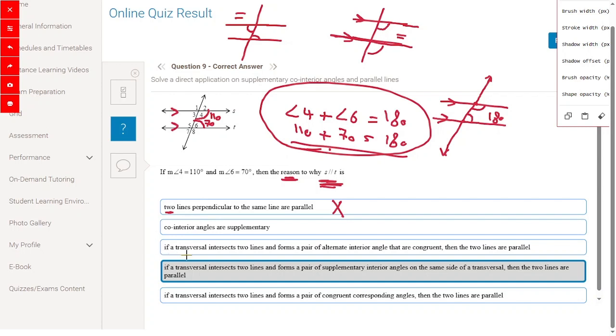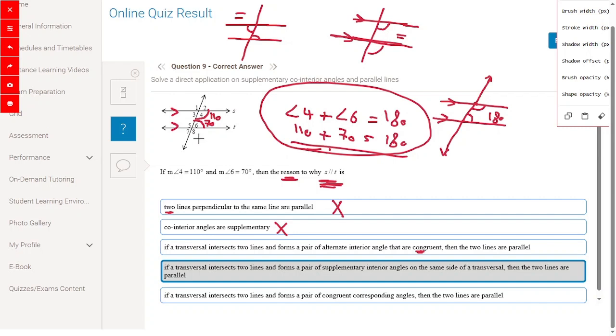Now, if a transversal intersects two lines and forms a pair of alternate interior angles that are congruent, then the two lines are parallel. So this is the wrong answer.